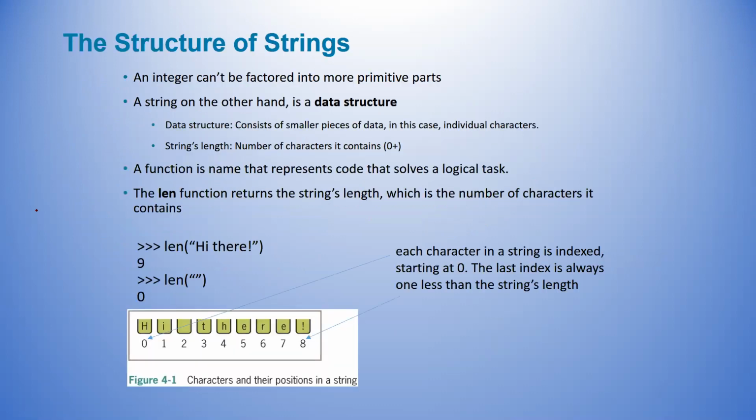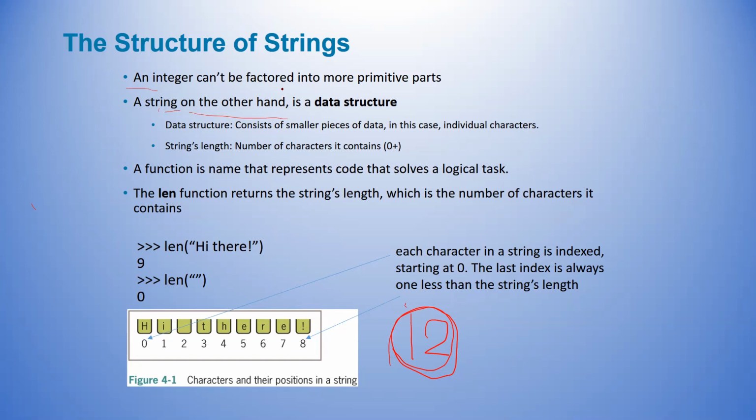The structure of strings. If you think about it, when you look at an integer, if I give you an integer, you really cannot break this into smaller pieces, right? But if I give you a string, you can. So that's what this means.